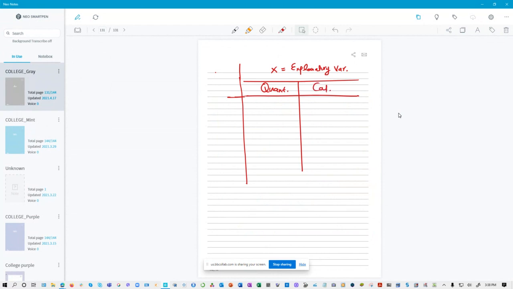In a similar fashion, we have the variable which goes to the y-axis, which is called the outcome variable, outcome var. Again, that variable may be either quantitative or categorical.